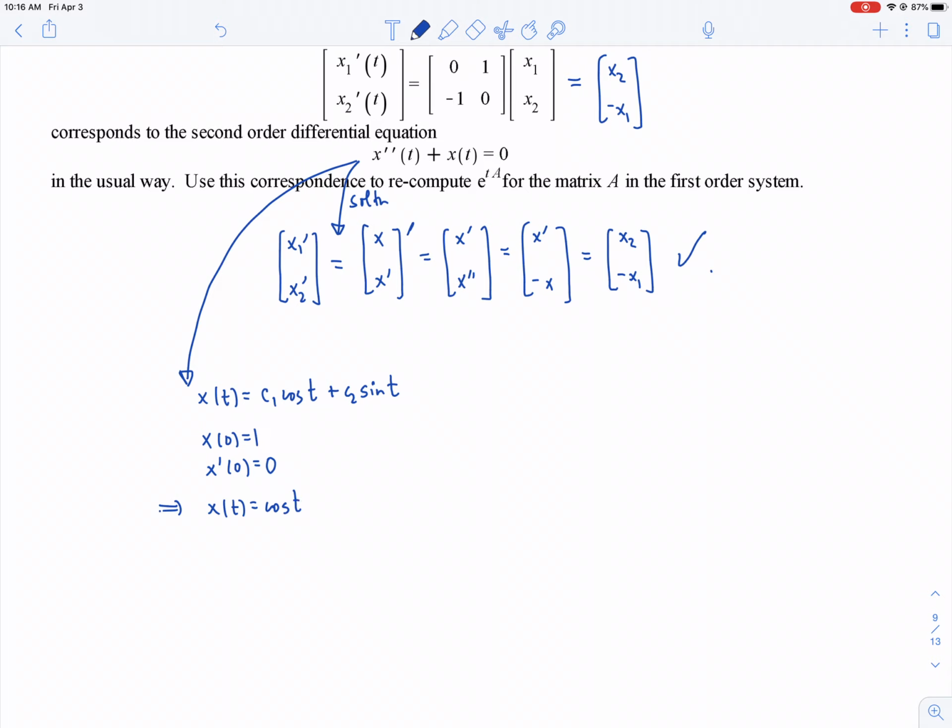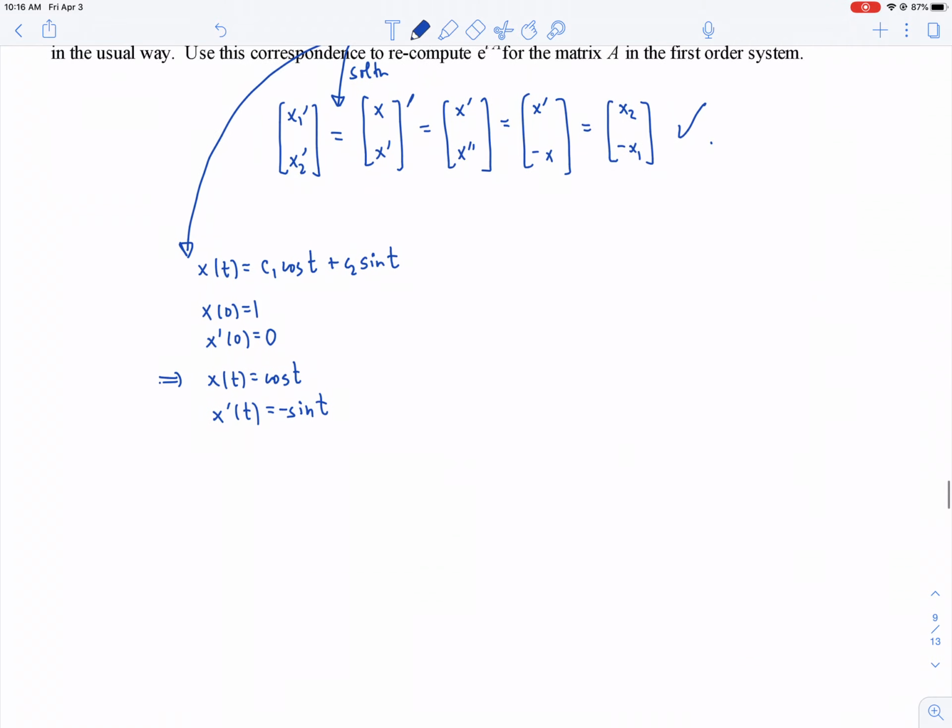And then if I want to connect to the first order system, x prime of t, the derivative of cos t, is negative sine t. And if I want to do the IVP where x of 0 is 0 and x prime of 0 is 1, then x of t is sine t and x prime of t is cosine t.